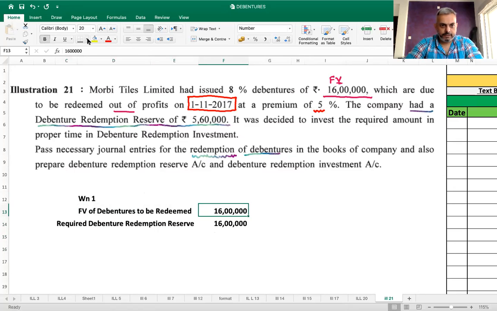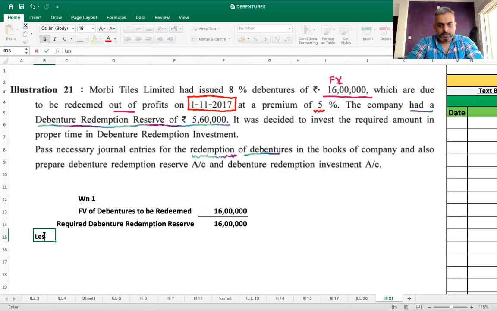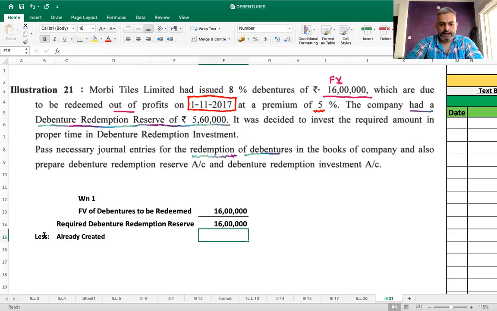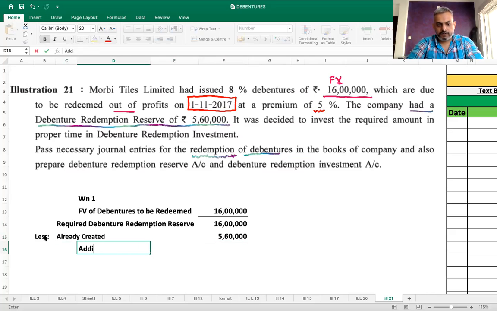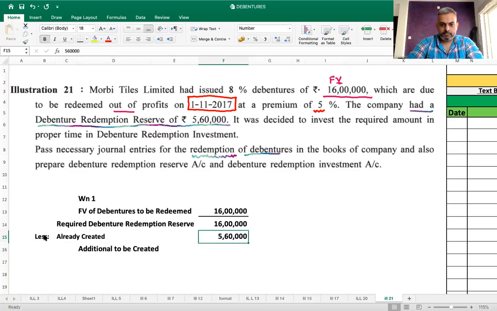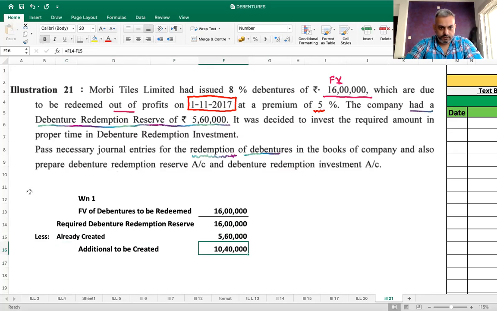Now I'll underline this. Less already created, that is 5,60,000. So additional to be created is 16 lakh minus 5,60,000. So it comes to 10,40,000. So this is what we have to create. So please do this working.